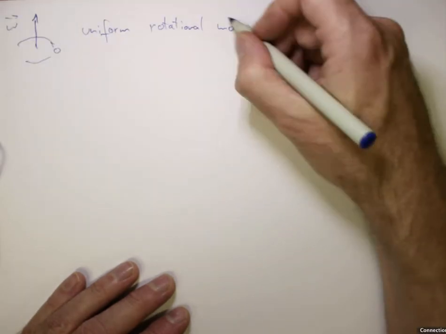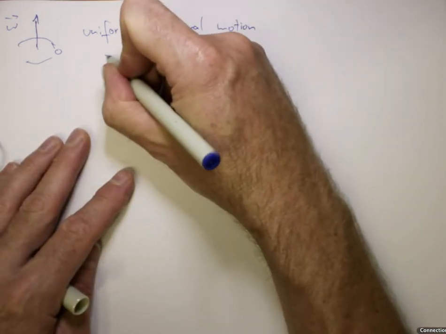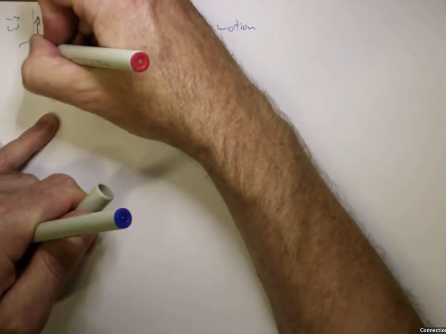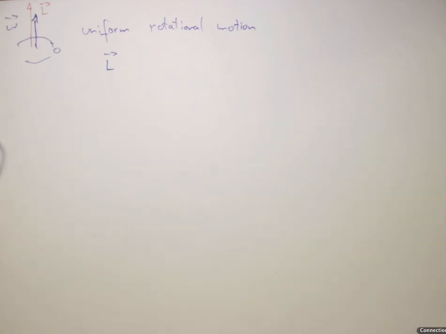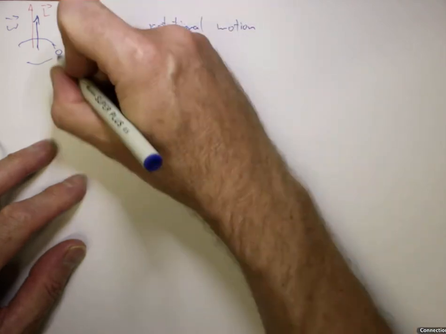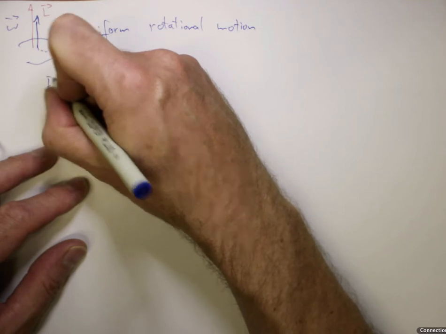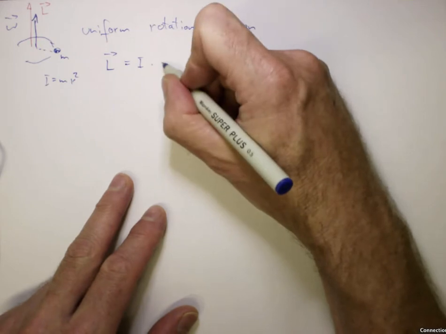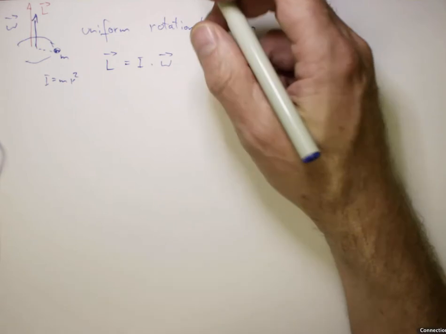That's what we call uniform rotational motion. And in this case, the angular momentum vector, which I can also draw into the diagram, is different from omega, and it's equal to the moment of inertia of this mass, which is I equal to mr squared, times the omega.